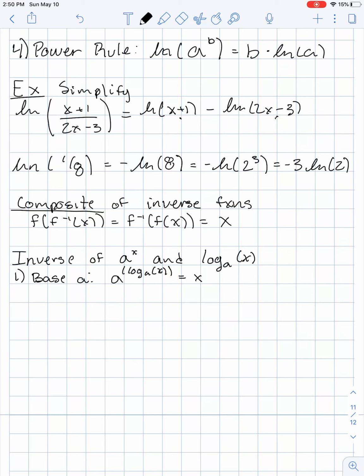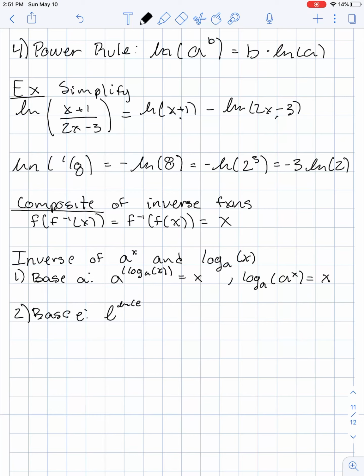Well, composing inverses of functions, I'm just going to get x back out. And if I do log base a of a to the x, same thing's going to happen. I'm going to get x back out. Same thing works for base e.